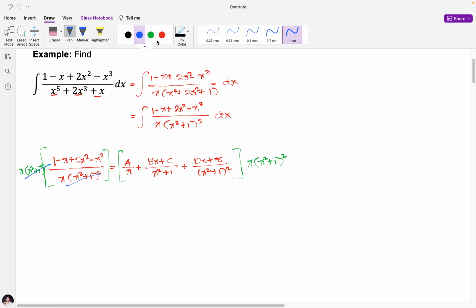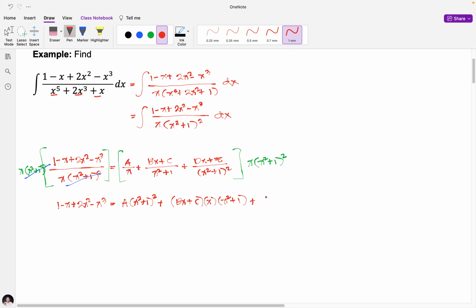So we will now have 1 minus x plus 2x squared minus x cubed equal to, so this is just A times x squared plus 1 squared. Nawala yung x kasi nga may denominator tayo na x, plus bx plus c times merong x and also x squared plus 1. Isa lang, kasi may x squared plus 1 sa baba.